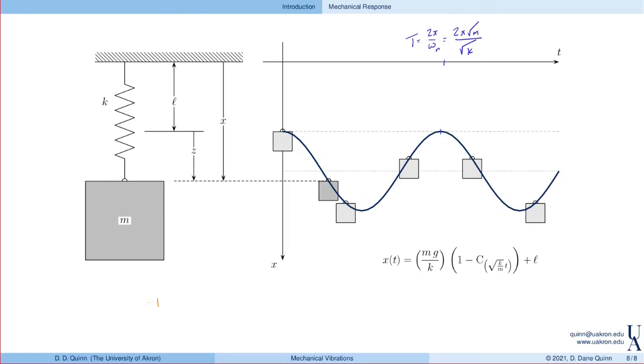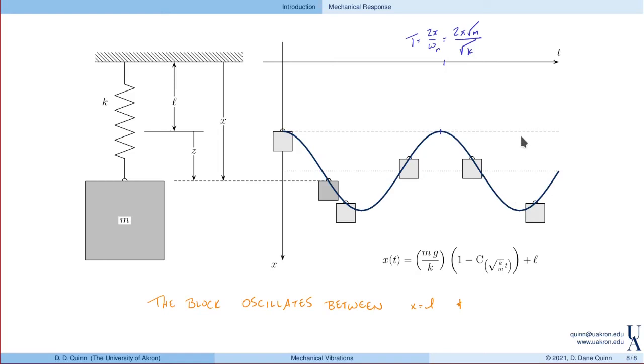So the block oscillates between the upper limit, which turns out to be the initial displacement, so that's x equals L, and this lower limit.